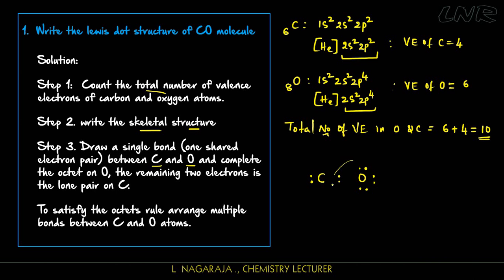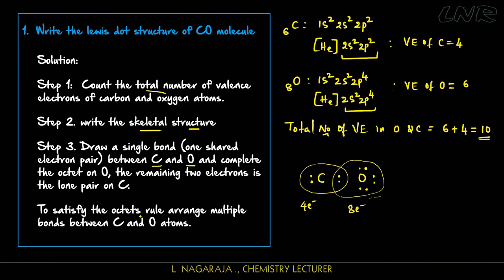But this carbon contains only 4 electrons, right? So this is not the actual Lewis dot structure of carbon monoxide. In the Lewis dot structure, all the atoms must contain 8 electrons.